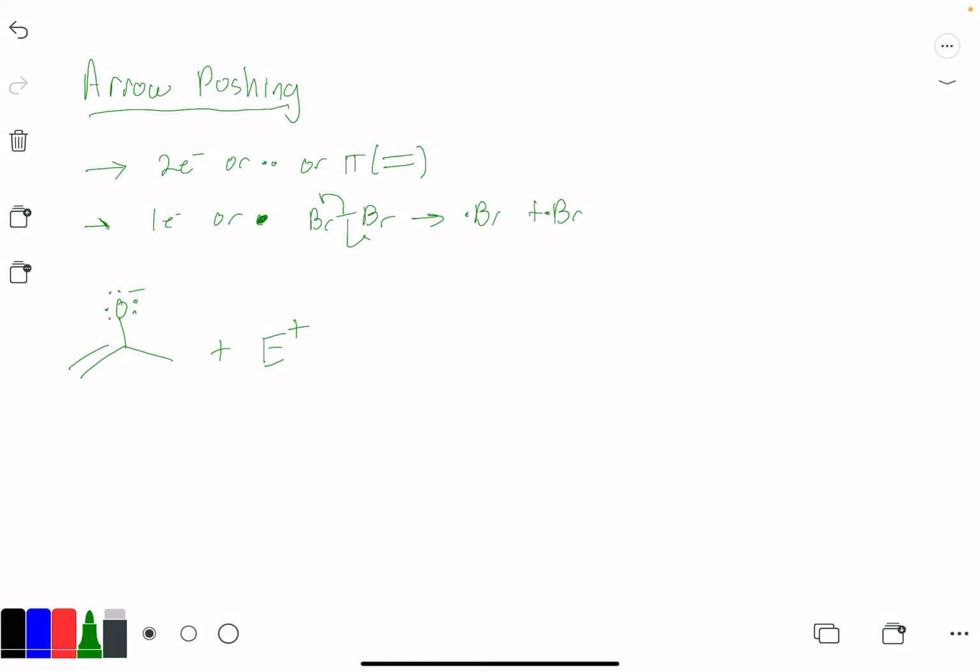Now, if I wanted to show this reaction mechanism giving me this product here, there's only one way I can draw the arrows. I can't draw the arrows from the electrophile to here. That would be incorrect, all right?